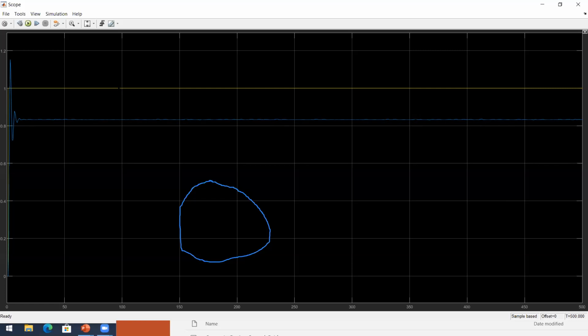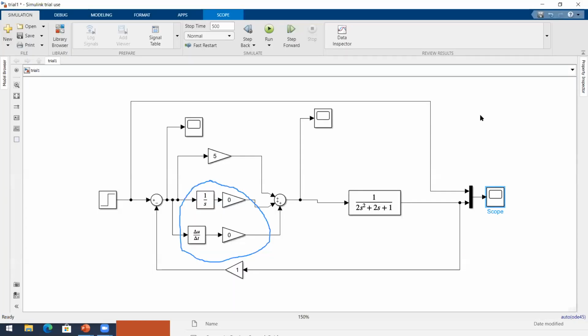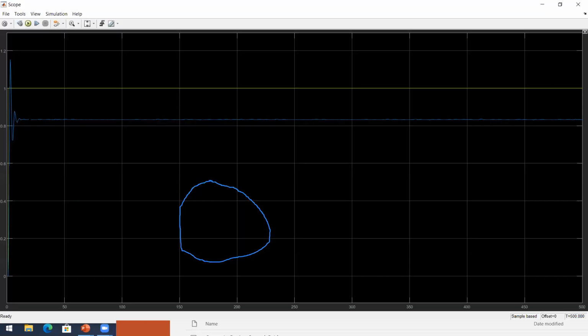But still, what was the value required? 1. How is it calculating the input that goes to this? That we'll see. Here 5 is there. What was the error? Take it as 0.82. 1 minus 0.82 is 0.18.